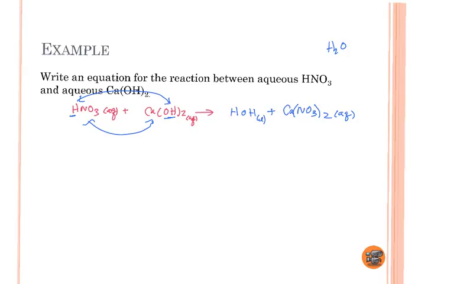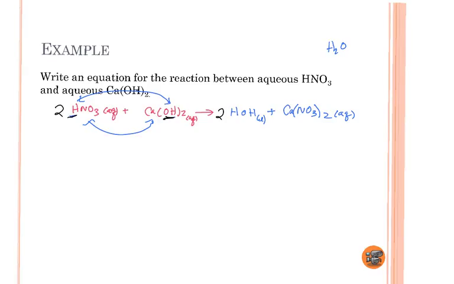So if we were going to balance, we will look at the H and the OH as a group. So we have one H here, one H here. We have 2 hydroxyl groups on the left side, and we only have 1 on the right side, so let us put a 2 right there. Okay? But now what have we done? We've offset the equation. Now we've got 2 hydrogens, so let's write a 2 here.